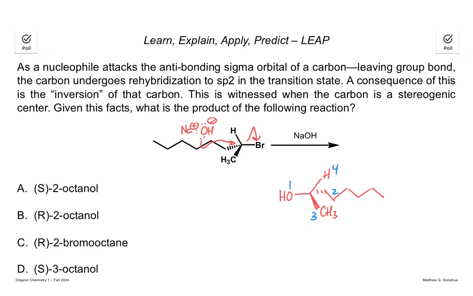If you do that, what do you think? Is it R or S? So 1 to 2 to 3. Again, if your eyeball is there, it looks like it's going counterclockwise, so that would be S. So that would be S-2-octanol, which is choice A.